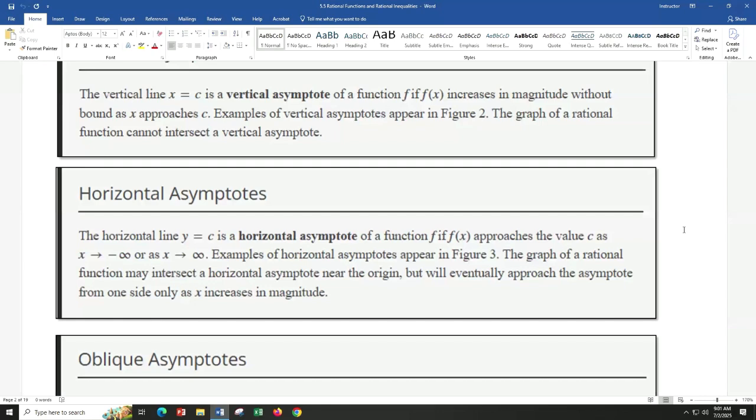The graph of a rational function may intersect a horizontal asymptote near the origin, but will eventually approach the asymptote from one side only as x increases. You'll see a picture of that. Vertical, it will never cross that asymptote. Horizontal though, you may see a line do this, like it may come down and then come back up, go up and then come back down.